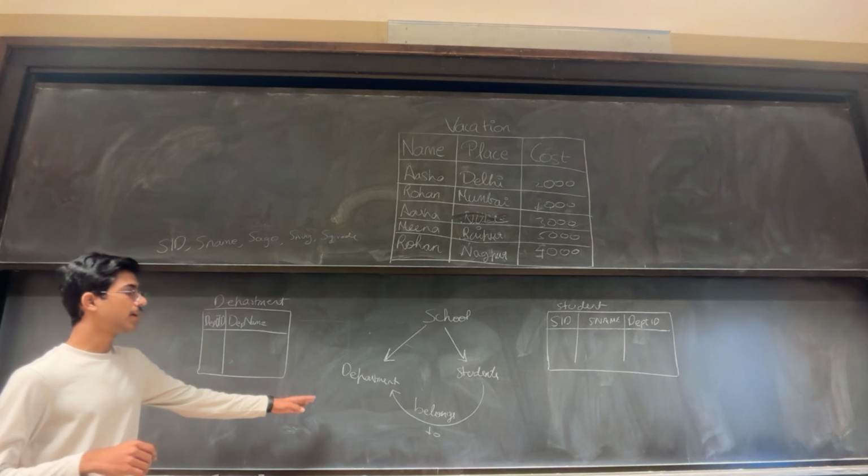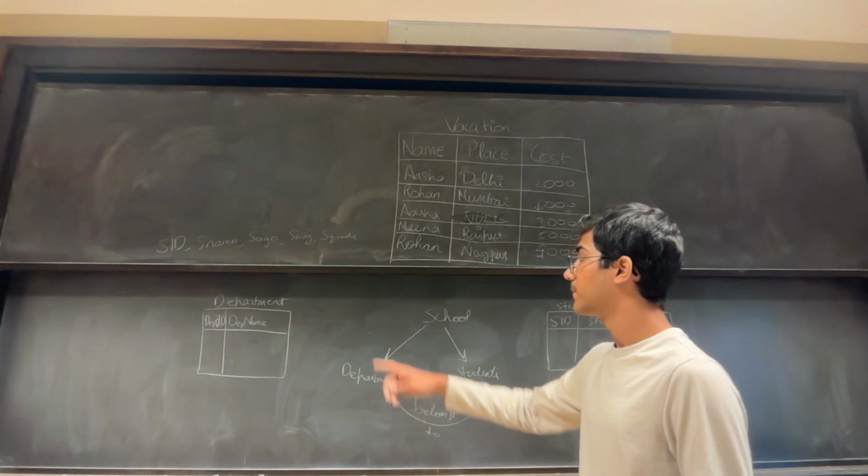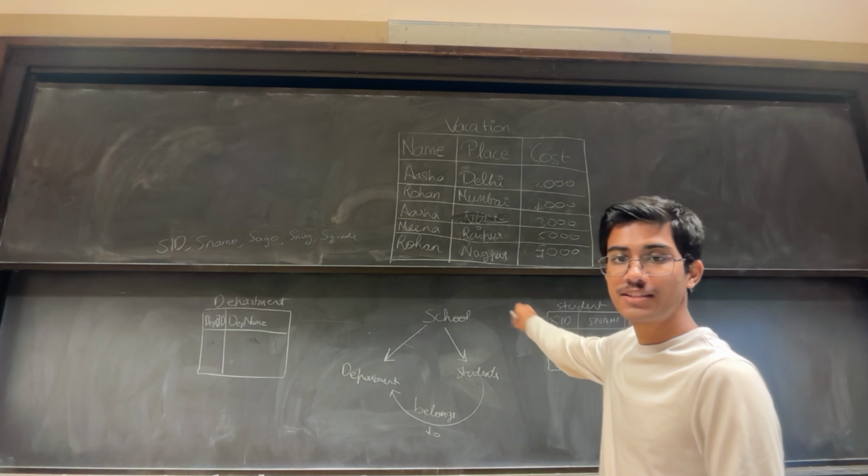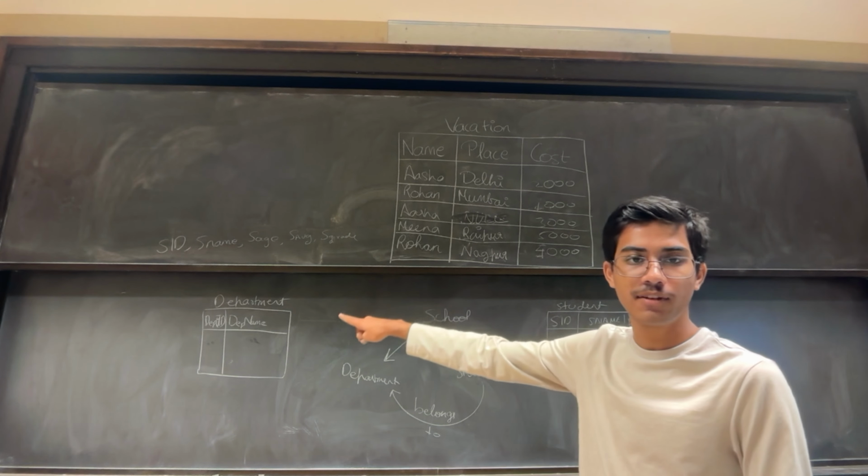So the relation here is that every student belongs to a particular department and both of them have a department ID assigned to them. So the way that this would work is, let's say this is my parent table and this is my child table, which is referencing values from the parent table. So let's create my parent table first.